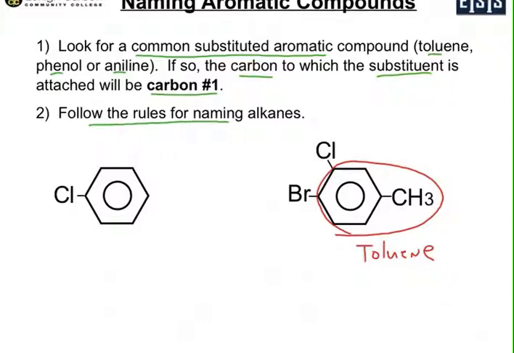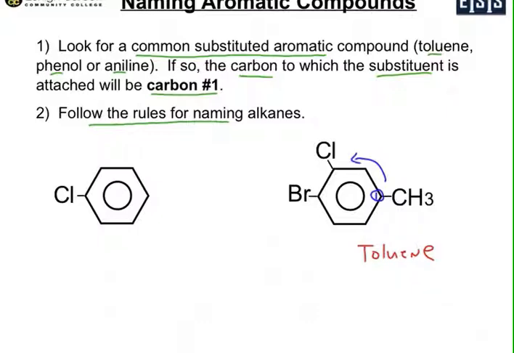Once you recognize, oh, I have a toluene base here, now that's going to take precedence. Let me erase this so we can see it better. This is going to take precedence in the naming and the numbering. So now, this will be carbon number 1, because that's the substituted carbon for toluene in this molecule. And then we're going to number from here.